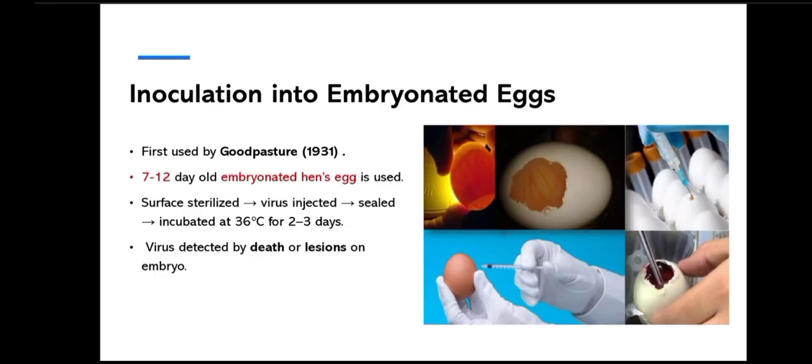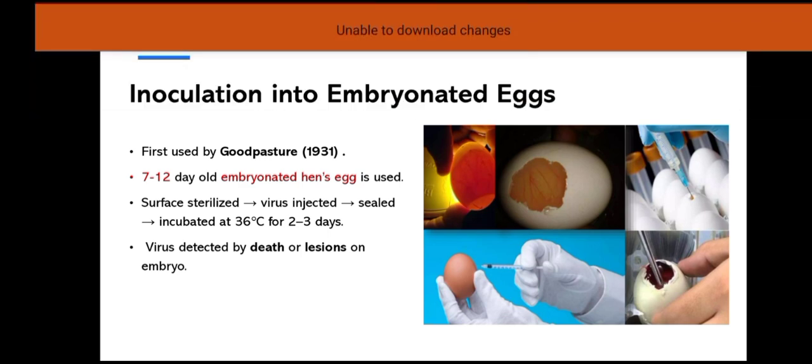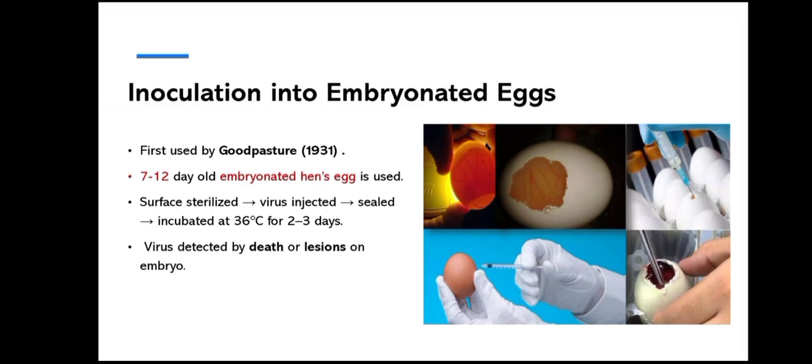The second method is inoculation into embryonated egg. This method was first used by Goodpasture in 1931. An embryonated egg of chick or duck can be used. Here we are looking at the example of a 7 to 12-day-old embryonated hen's egg.